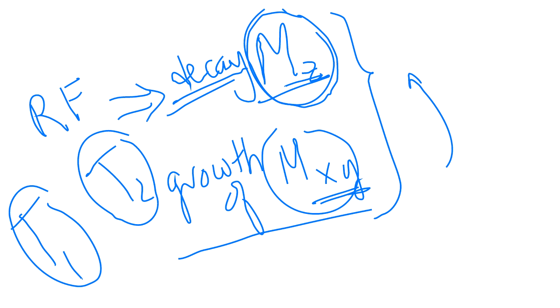So T1, T2 is the relaxation time. How long did it take this to go to 0? How long did it take this to grow back? Remember, this one is losing and this one is gaining. Eventually this will lose and this will gain. Again, it's a little bit confusing.